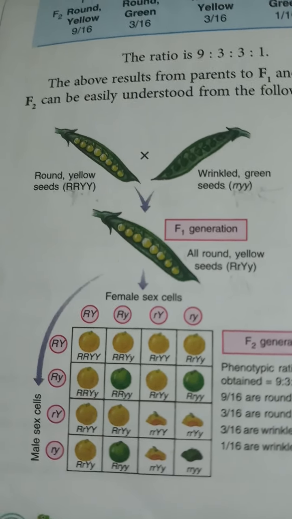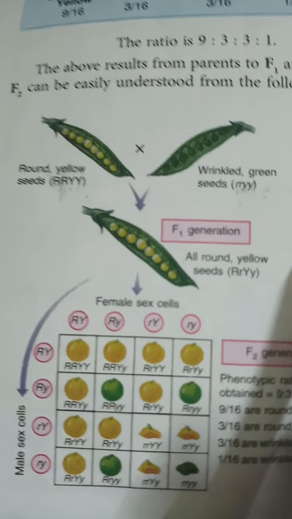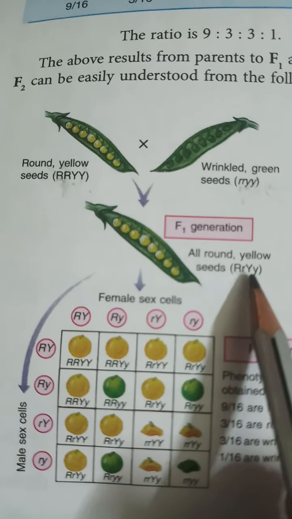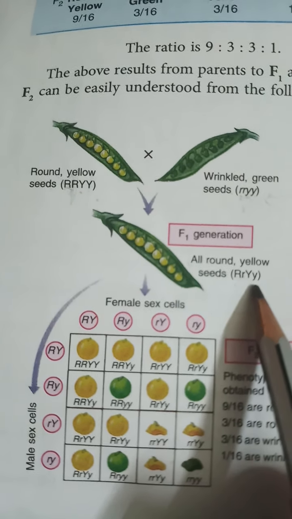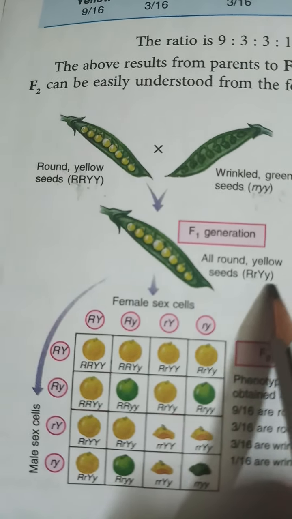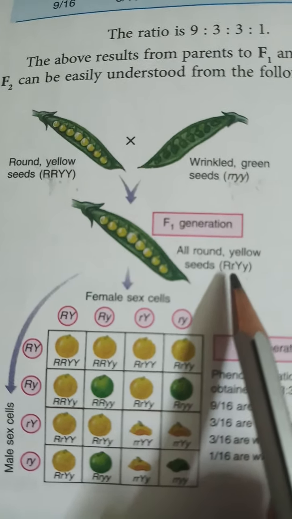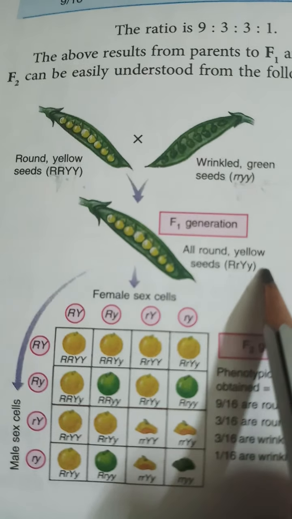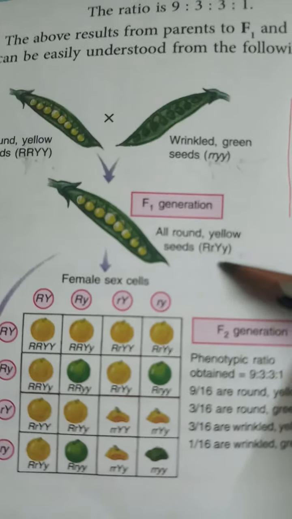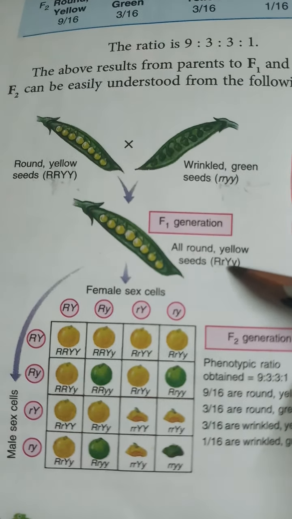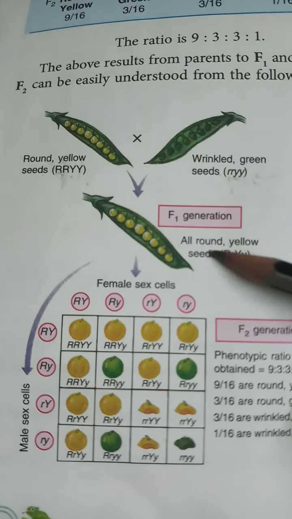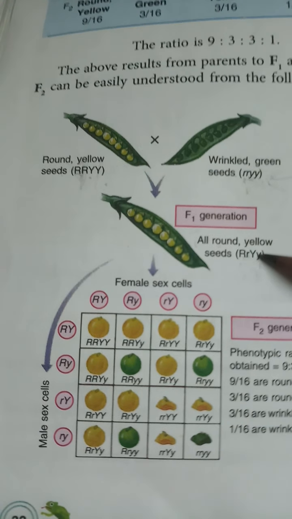The first generation's genetic constitution is capital R, small r, capital Y, small y. All are round and yellow seeds externally, but the green and wrinkled characters are there inside the body. Genetically, they have these recessive traits also inside them, but externally all round and yellow seeds are produced.